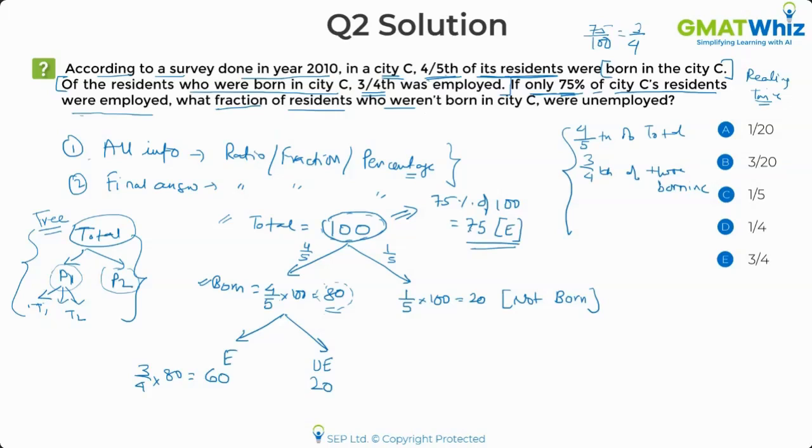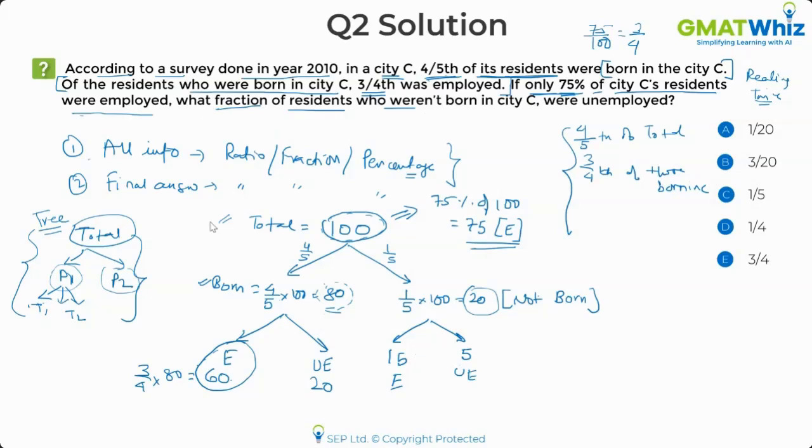Total 75 are employed, out of which 60 are employed here who are born in city C. So how many are left? We are left with 15, and those 15 obviously will come from here. So out of these 20 people who are not born in city C, 15 are employed, and the remaining 5 would be unemployed. I hope till this part it's perfectly clear.